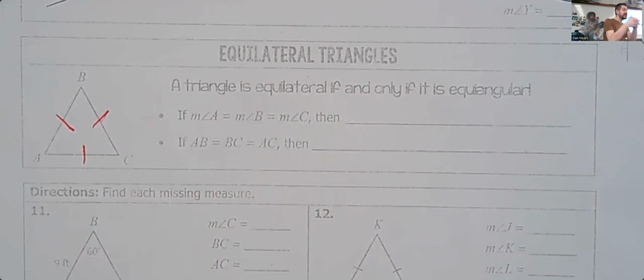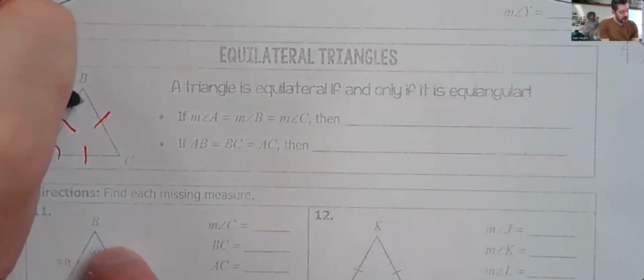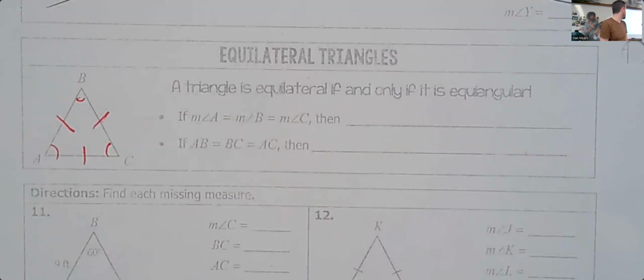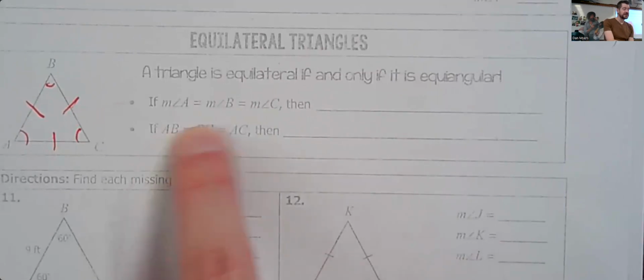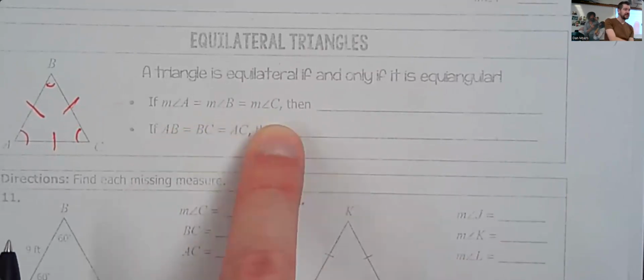3 equal sides means 3 equal angles. 3 equal angles means 3 equal sides. There is no getting around that. So no matter what, those two things have to be true if one of them is true. So all the sides are the same. All the angles are also the same. So what we're going to say here is if the measure of angle B is equal to the measure of angle A and C, they're all the same.